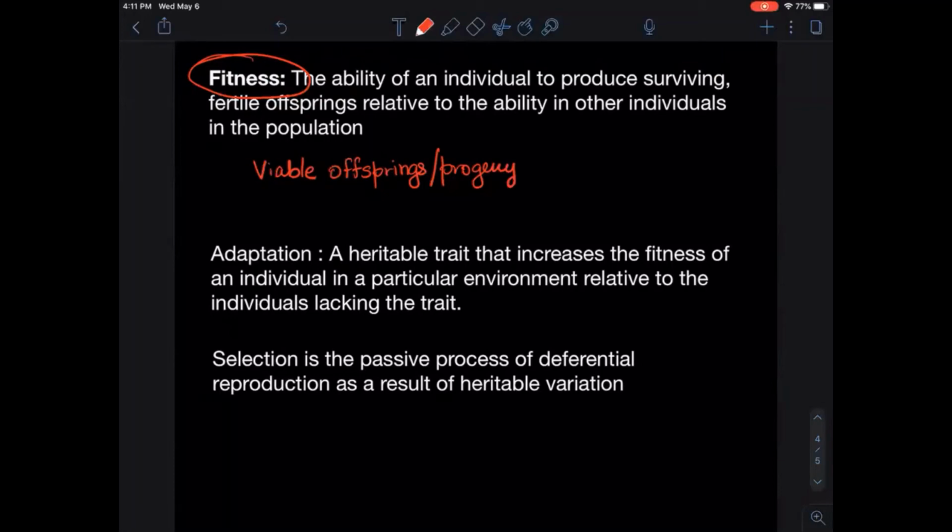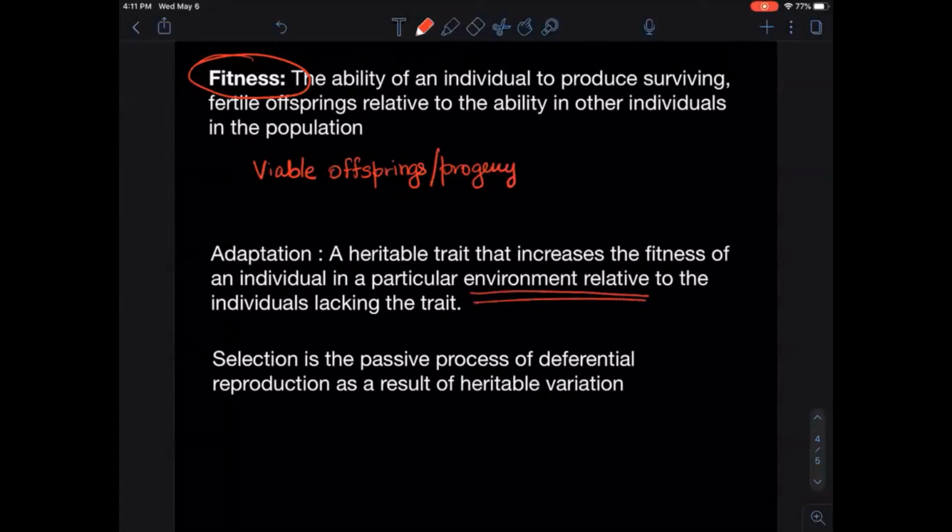A heritable trait that increases the fitness may be, for example, stronger muscles or better looks or camouflaging. All of these can have particular effects which will depend on the environment that the organism is in.